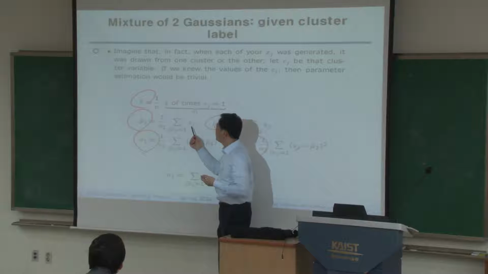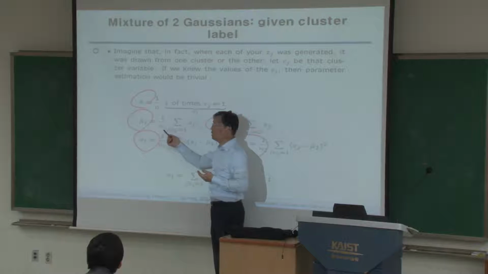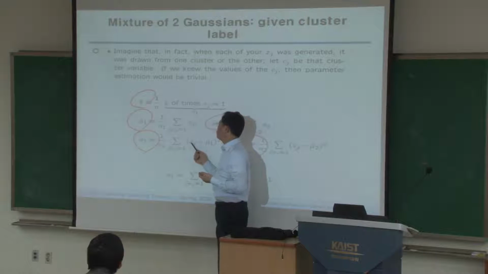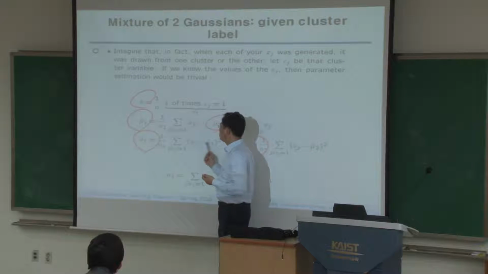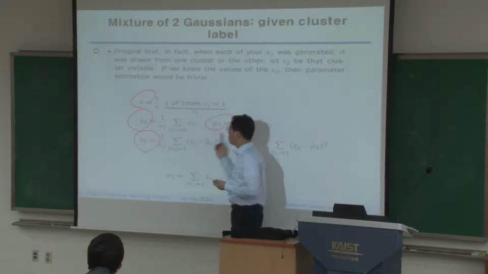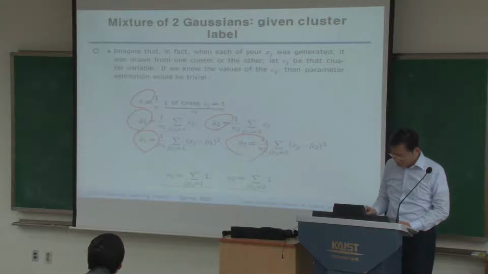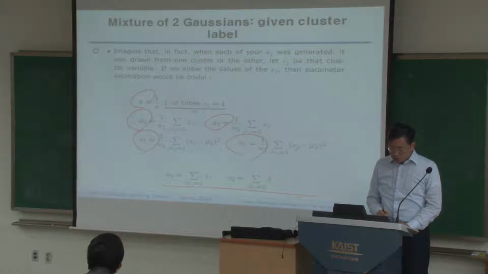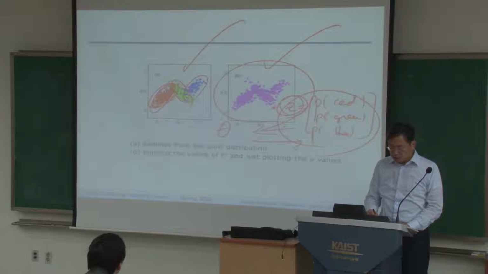You average all the data that is red, divided by the number of reds there. For the variance, for each data point that is red, you subtract off the mean, take the square sum, and then you take the average, and so forth. So this is given the cluster label.